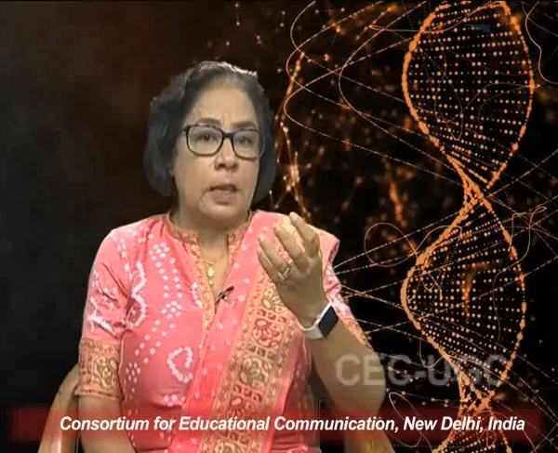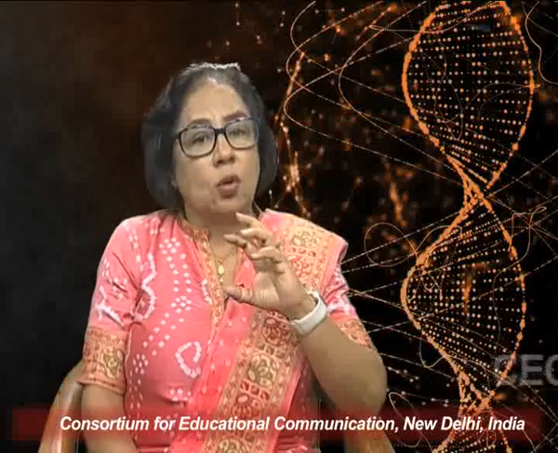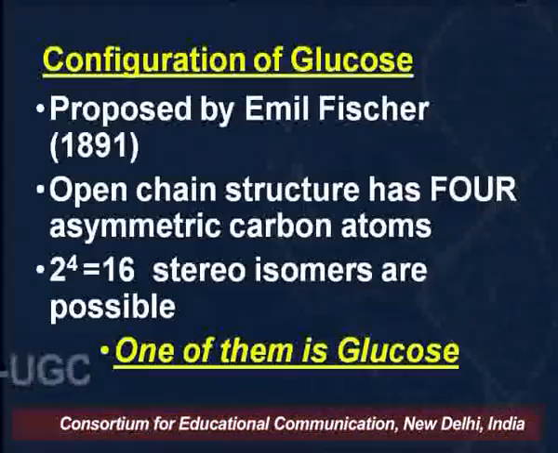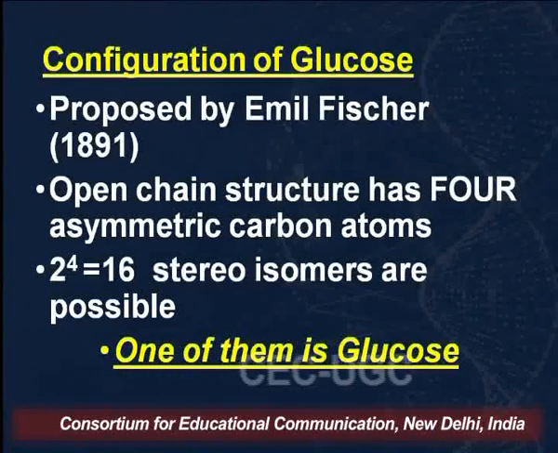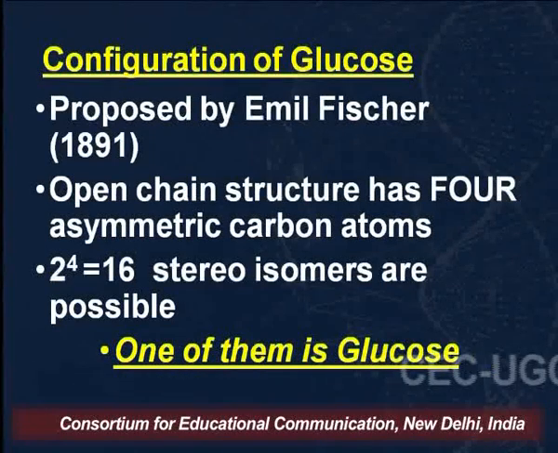And now the challenge in front of him was to assign configuration at each chiral carbon. So how did he go about it? So he said, since glucose, now today we'll be discussing the structure of glucose, he proposed the structure of configuration of glucose, which is also known as Fischer's proof.